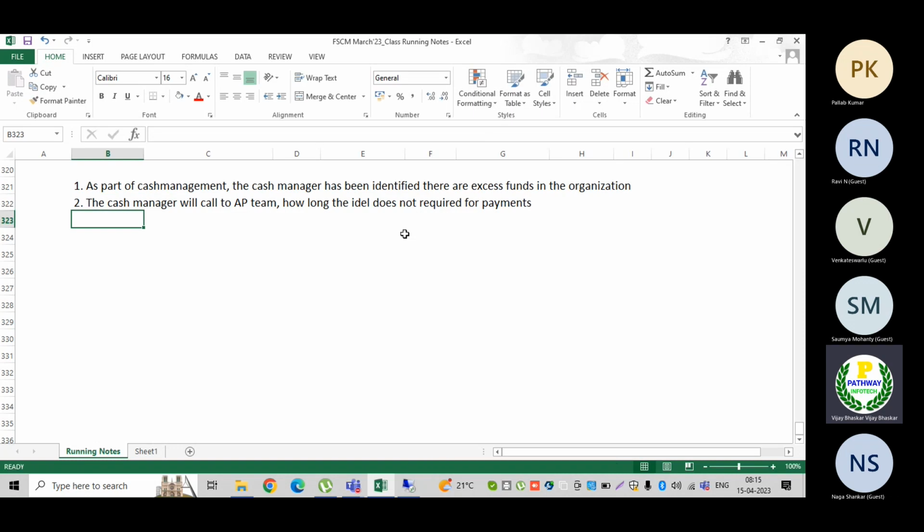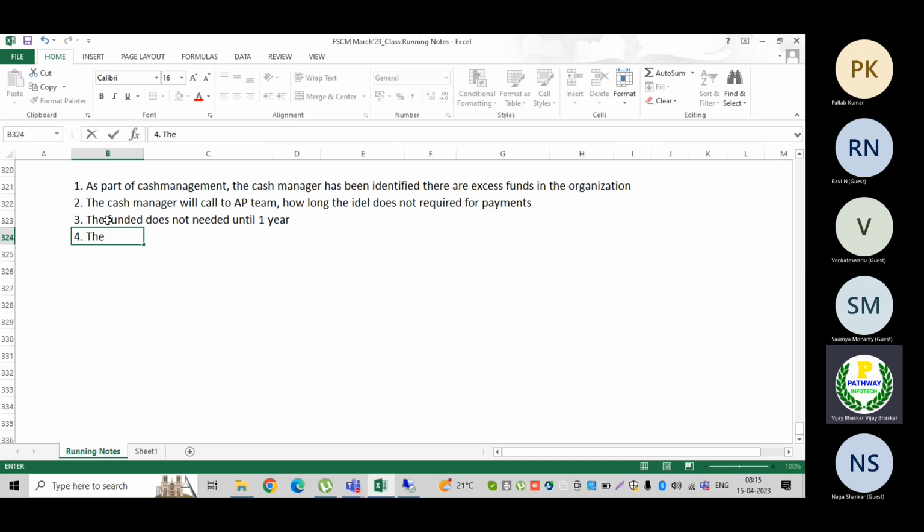Let us assume the accounts payable team has confirmed the funds are not needed for 1 year. So now the immediate thing is what the cash manager will do.